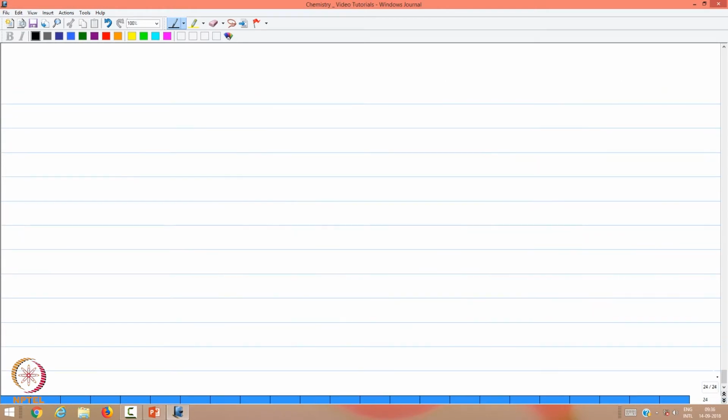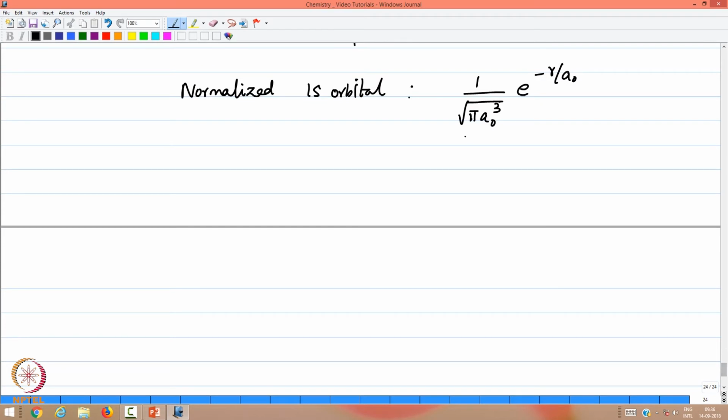Remember, the normalization here is done using angular coordinates also. The pi is clearly there. So, what is meant by the psi s?